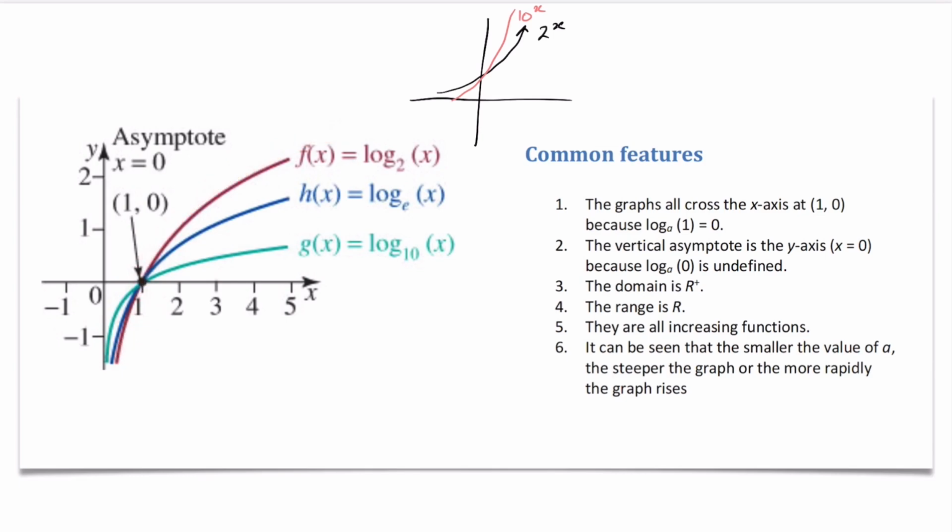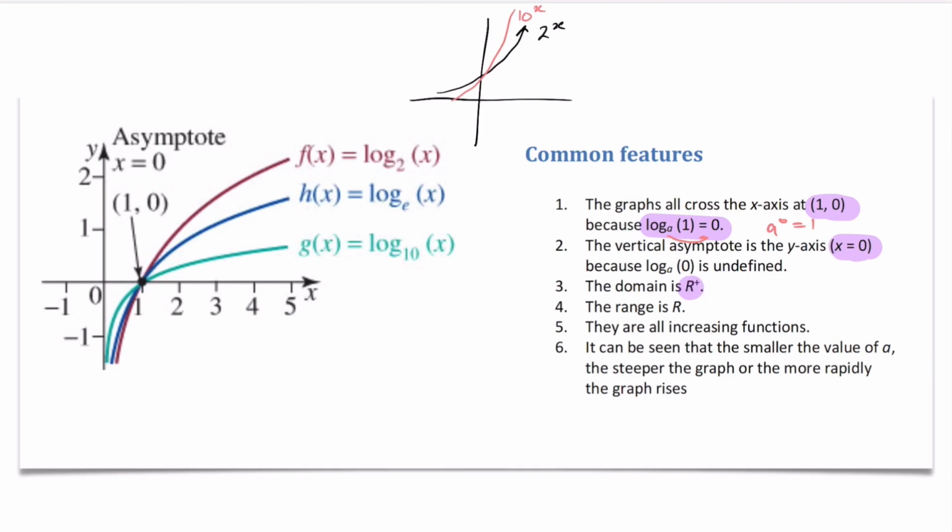On the right here, we have some common features. So the graphs all cross the x-axis at 1 and 0, because of this formula here, log a of 1 is equal to 0. Remember, if we were to take that base over, a to the power of 0 is always equal to 1. So it doesn't matter what the base is, anything to the power of 0 is equal to 1. We will have a vertical asymptote at the y-axis, x is equal to 0. Of course, these are without any transformations.